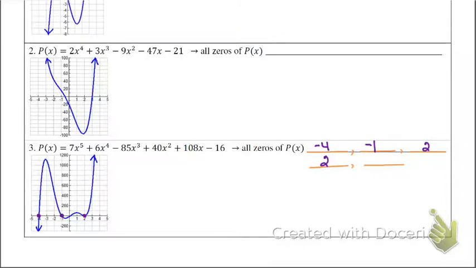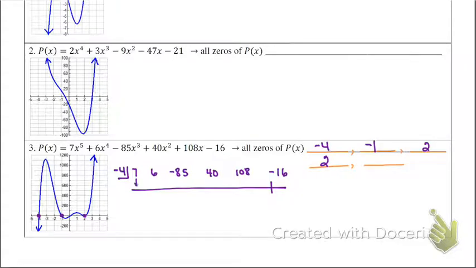So I'm going to start with negative 4. And I'm going to put my coefficients. And I'm going to go ahead and bring down and start the process of multiplying and adding. Remember, we multiply what's on the bottom to the box, and then I add going down.